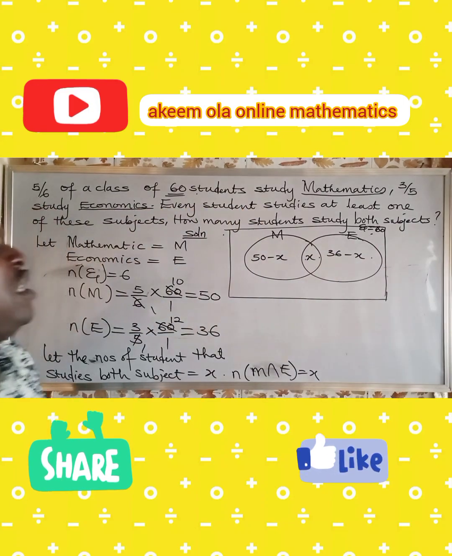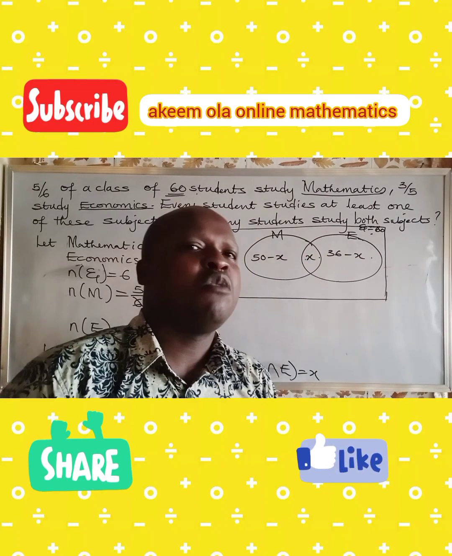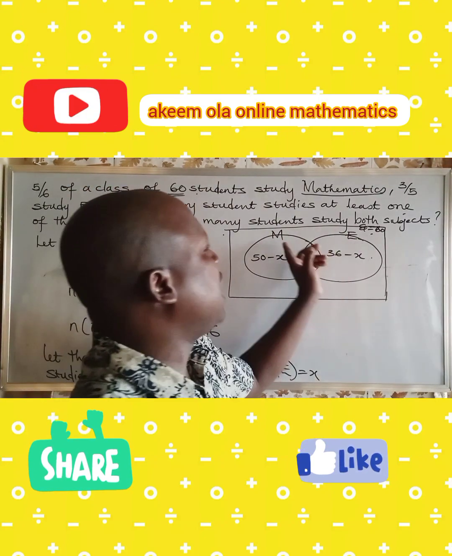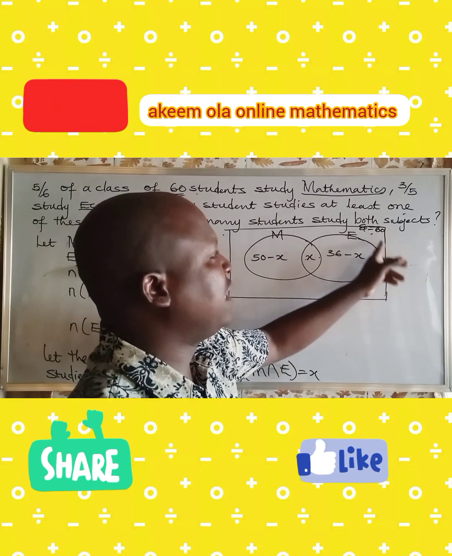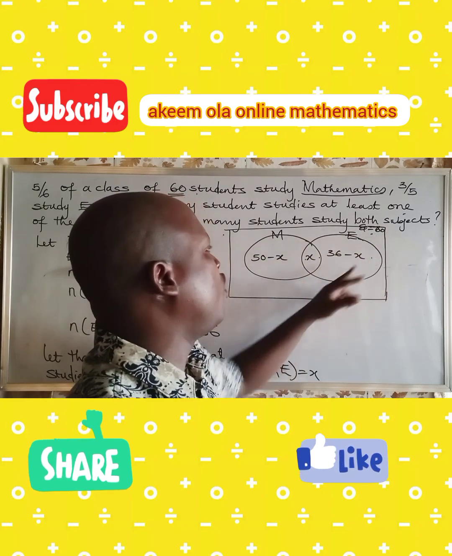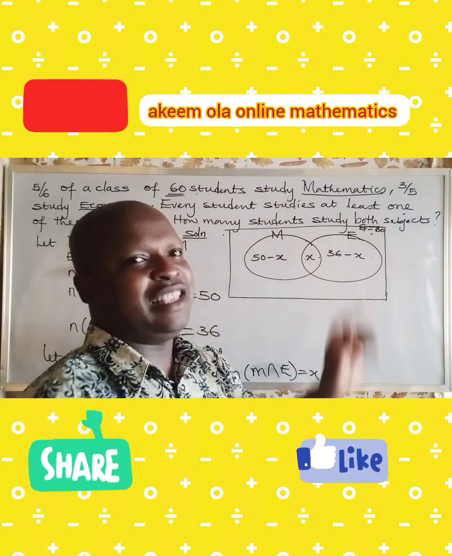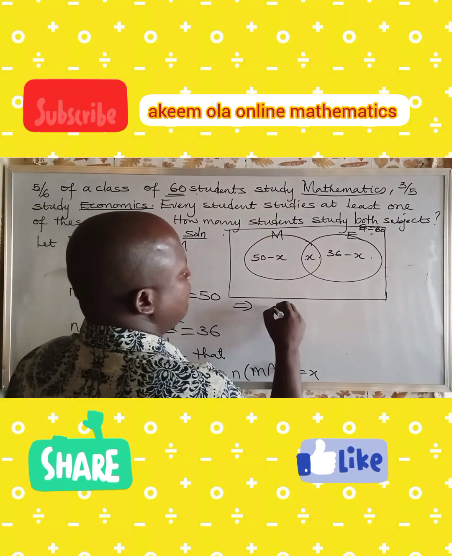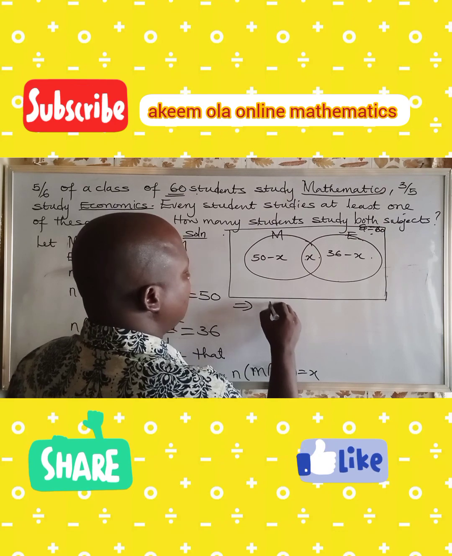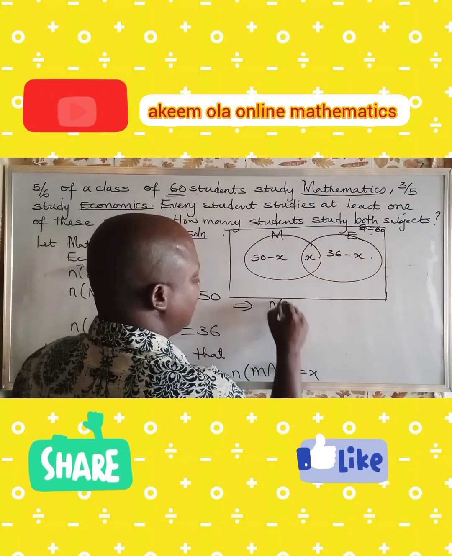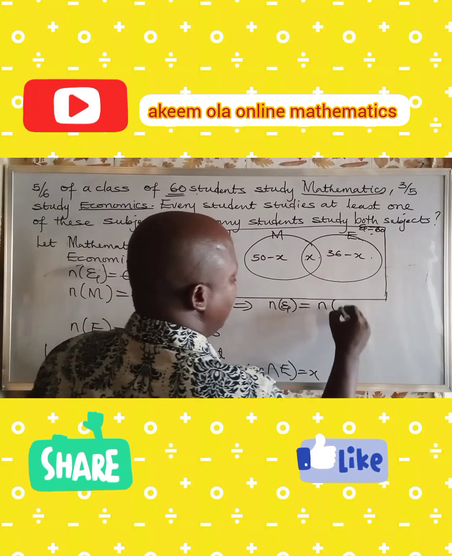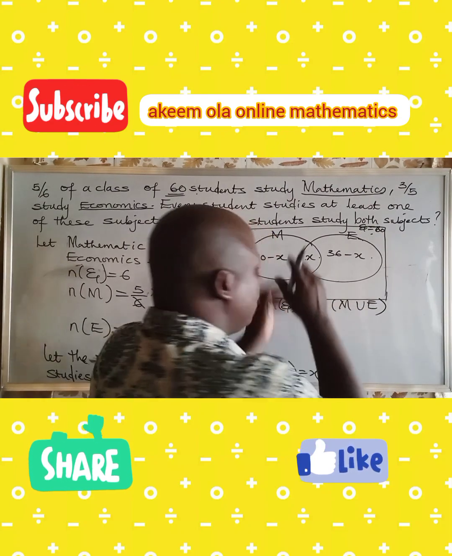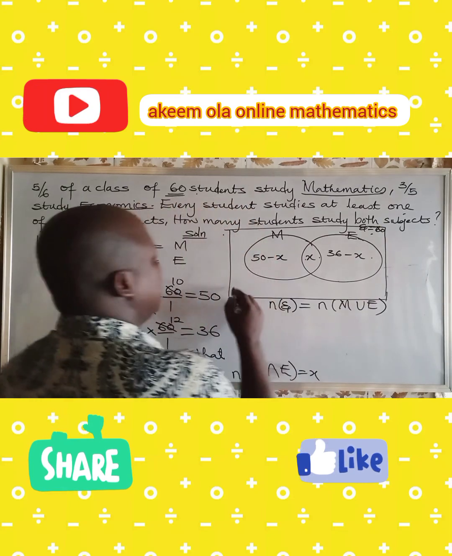The question now is for us to find x. How can we find x? This 60 will be equal to the addition of everything here. This implies we have n(E) is equal to n(M union E), based on this particular question, because there is nothing outside.